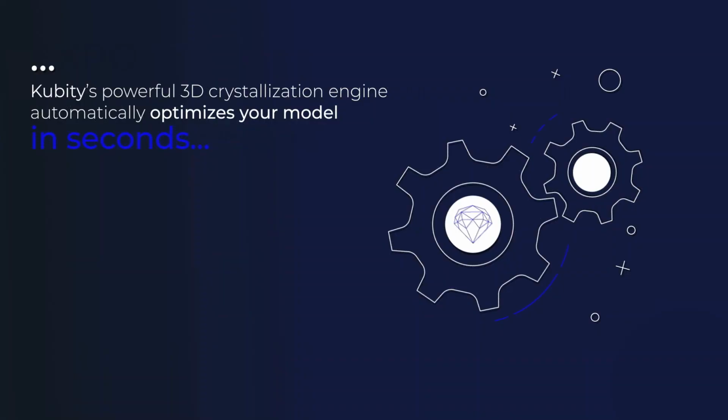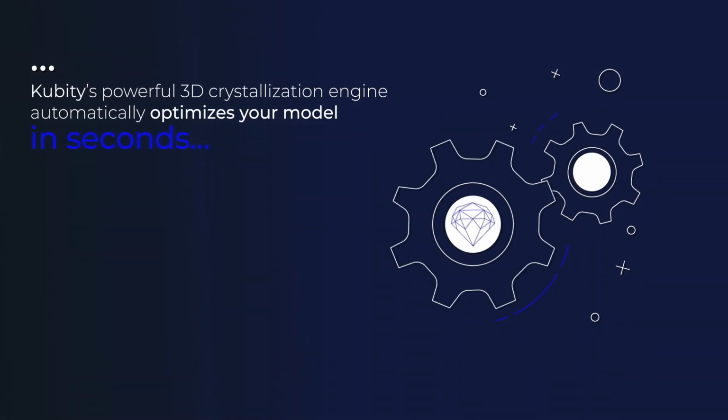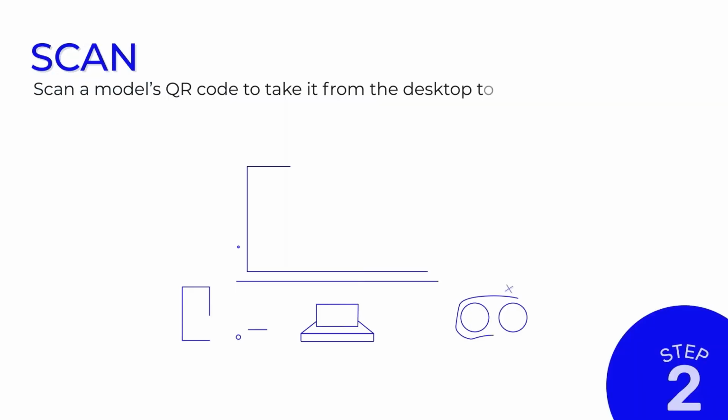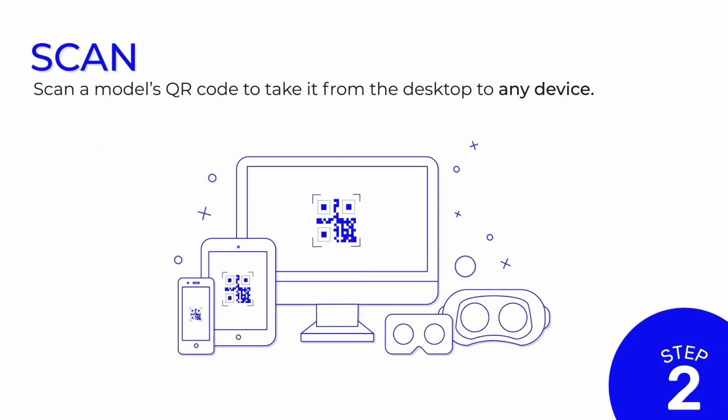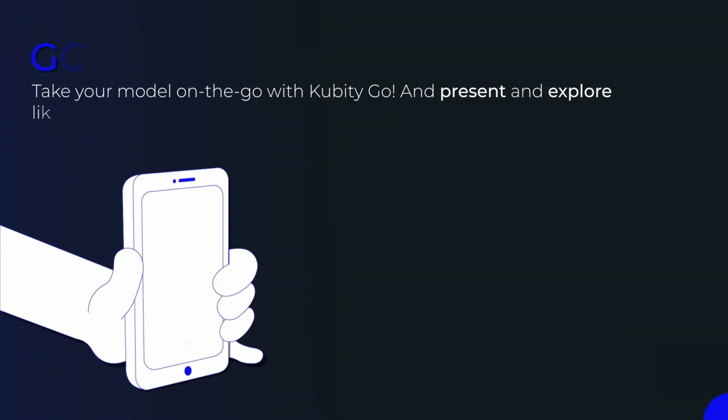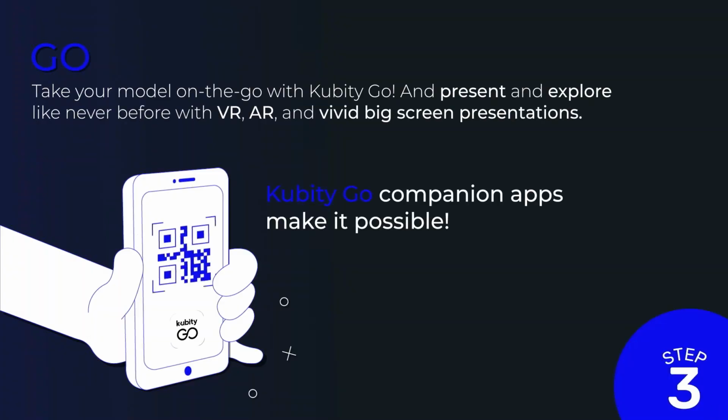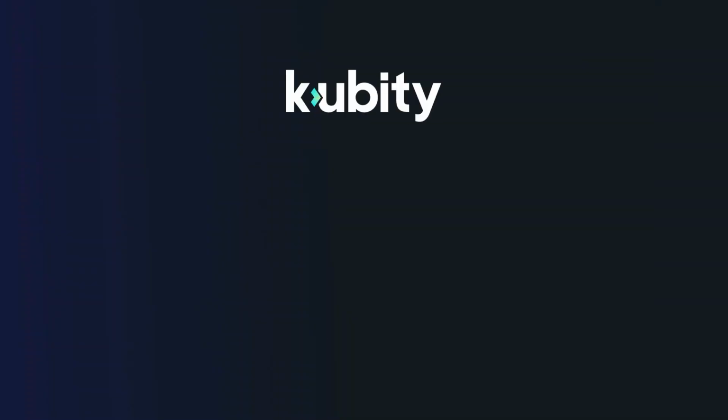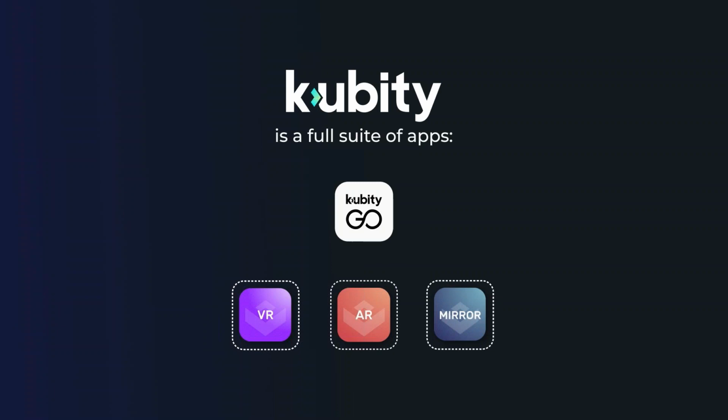Once inside the app, our crystallization engine automatically optimizes your model and assigns it a QR code, which you scan using Kubity Go on your mobile to get AR, VR, and screen mirroring with our full suite of apps.